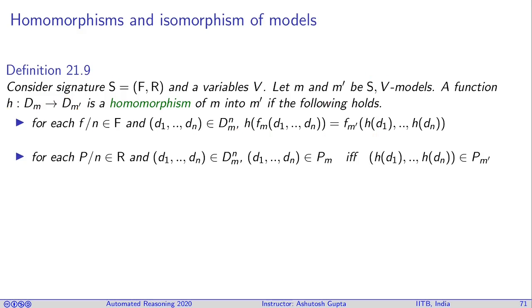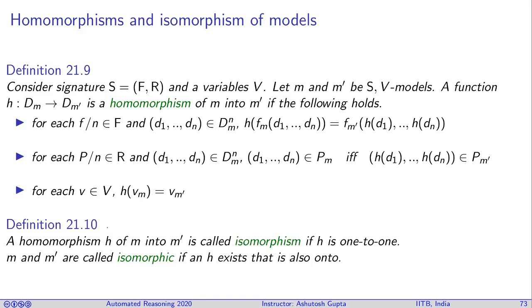Similarly, we can do it for the predicates. Exactly the same set of tuples which are related by h are satisfied in M and M prime. Similarly, we can relate the valuation of the variables.